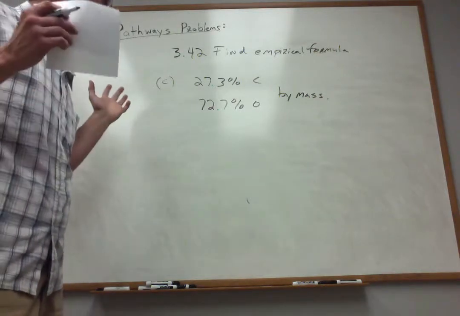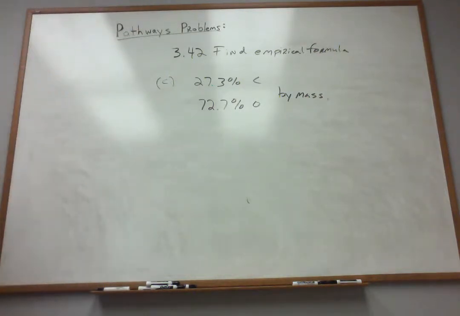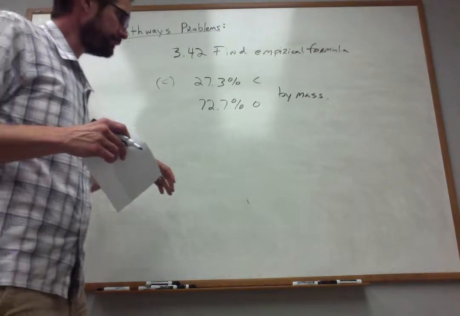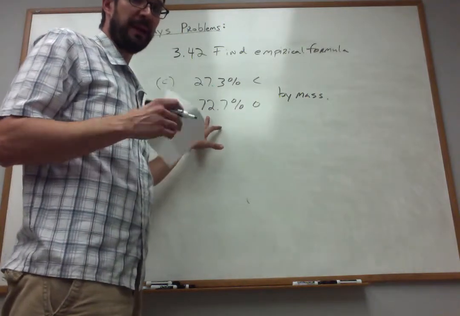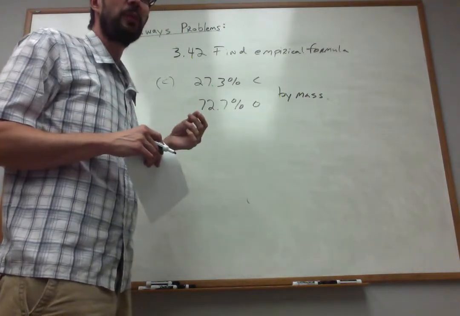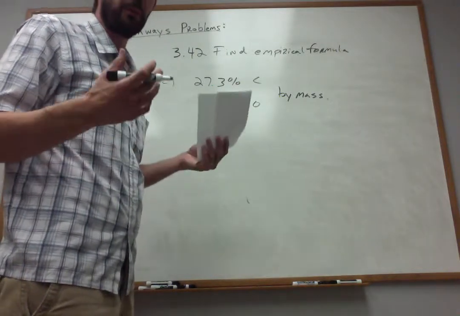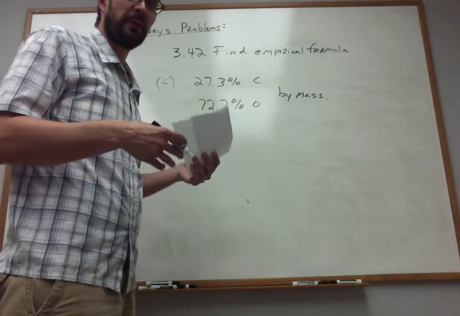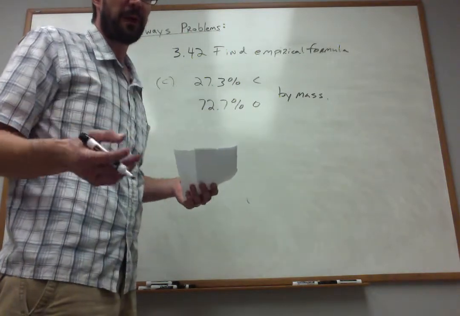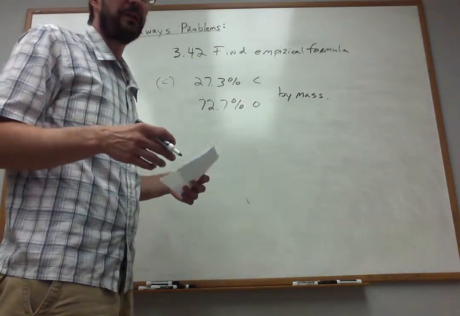So I guess I could try trial and error and see if I can come up with a match, but there's a better, more structured way to do it. And you say, wow, there's no data given. This is one of those problems where you have to make an assumption. You have to assume a certain amount of material is present, whether that be 100 grams, 1,000 grams, whatever it is.